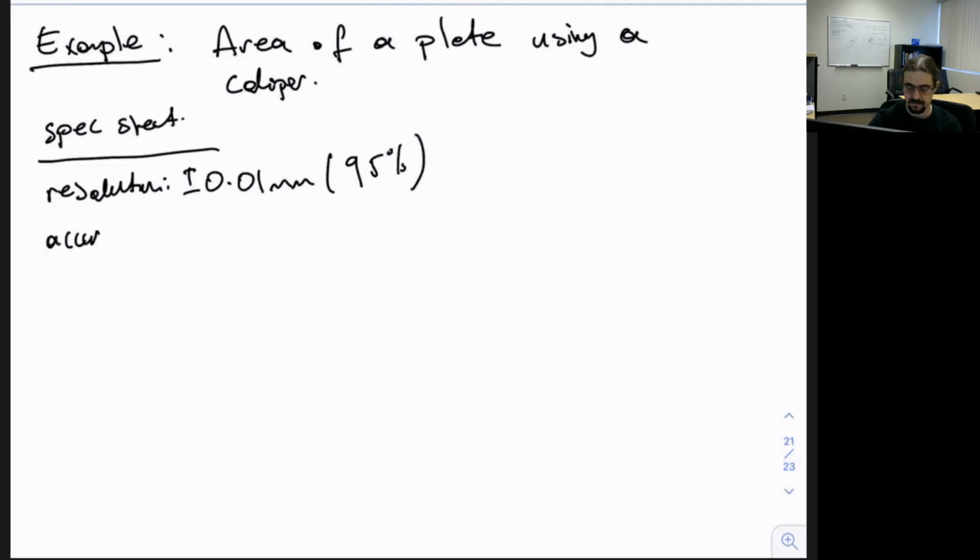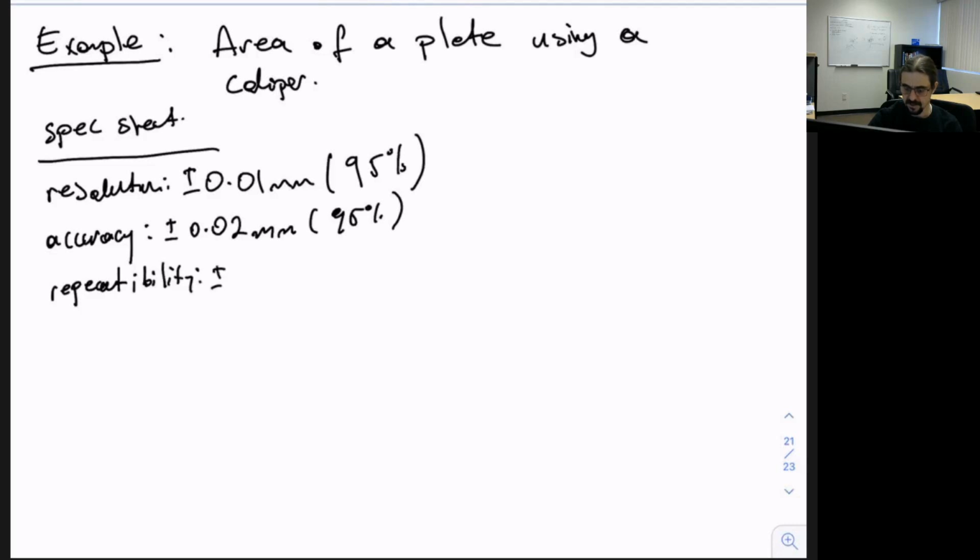Accuracy is plus minus 0.02 millimeters at 95 percentile. Okay, and repeatability is given as plus minus 0.01 millimeters at 95 percentile.